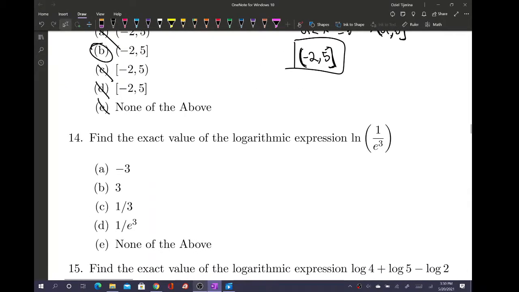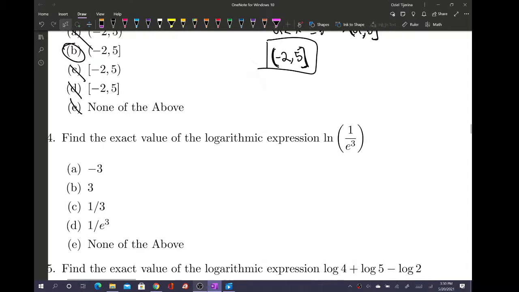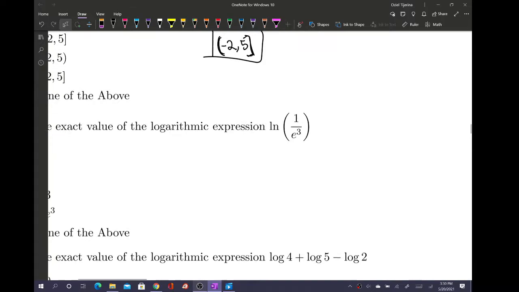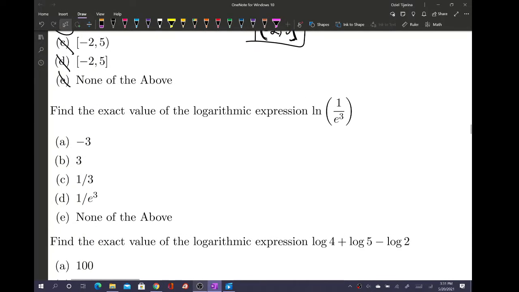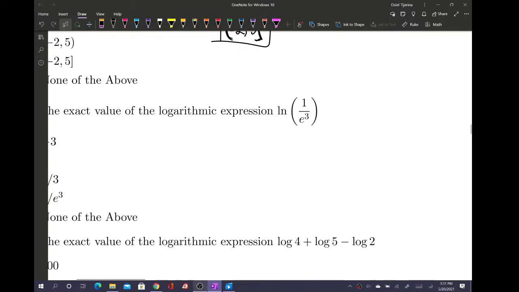All right. Number 14, find the exact value of the logarithmic expression ln of 1 over e cubed. There are a few things I want to remind you of. There are two ways to do this.